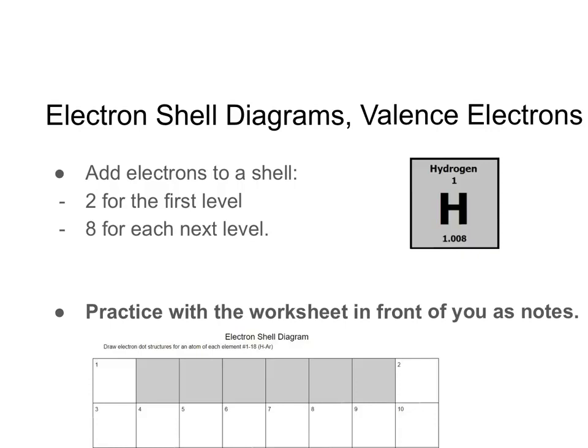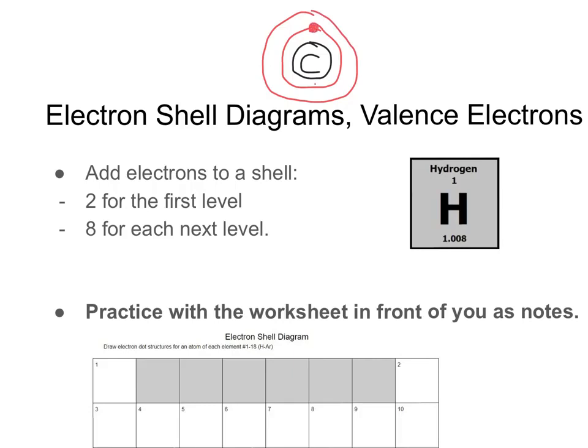So what we're talking about here with an electron dot diagram or electron shell diagram, we're going to have this right here, which is going to be our nucleus of a carbon atom to show that that's the element that we're working with. And for the electron shell diagram, now I'm drawing the rings around which the electrons are, the levels that they're in. Remember, our electrons can take up different levels.